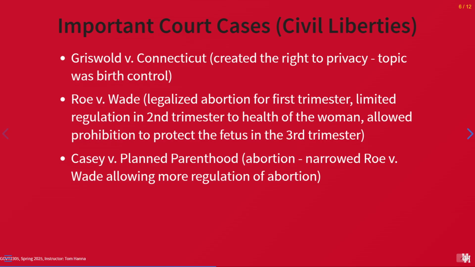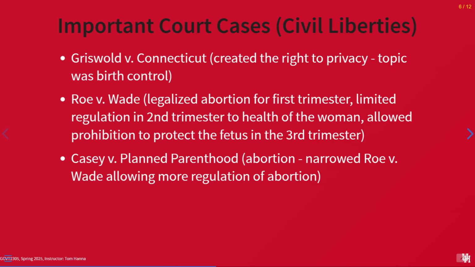Casey versus Planned Parenthood, which I talked to you about during the part on stare decisis or precedent the other day, narrowed Roe versus Wade, allowing more regulation of abortion in some cases, but also setting a standard that regulation of abortion could not be an undue burden on the right to abortion.